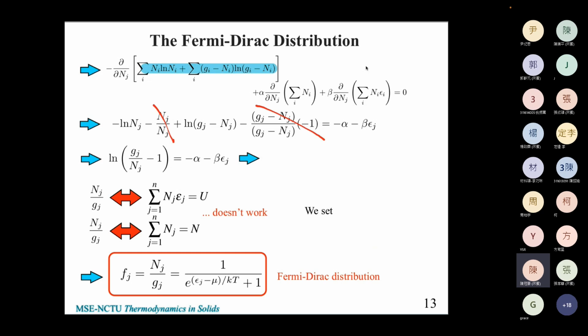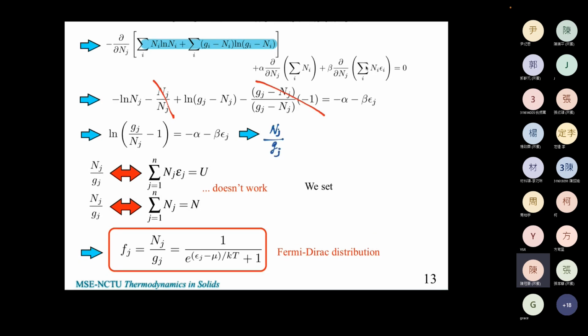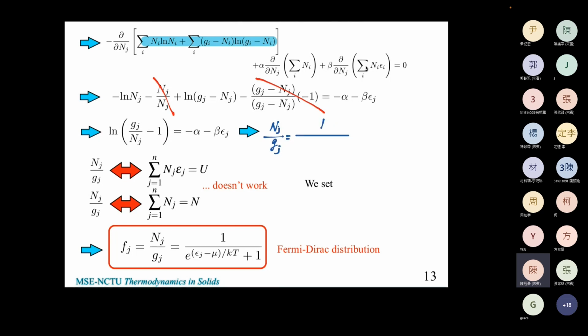So a very similar formulation can be done here. Nj over Gj ratio equals 1 over exponential of minus alpha minus beta epsilon j plus 1.